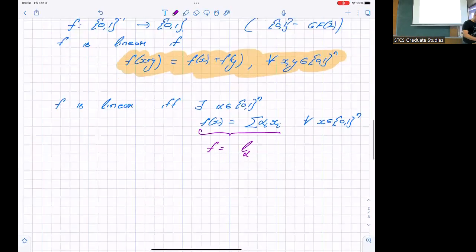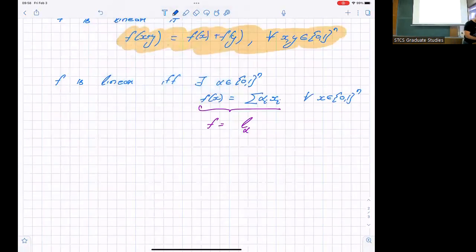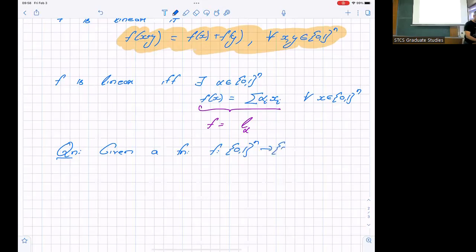And what we want to now do is design the following test. Given a function, what do I mean by given? I have an oracle.